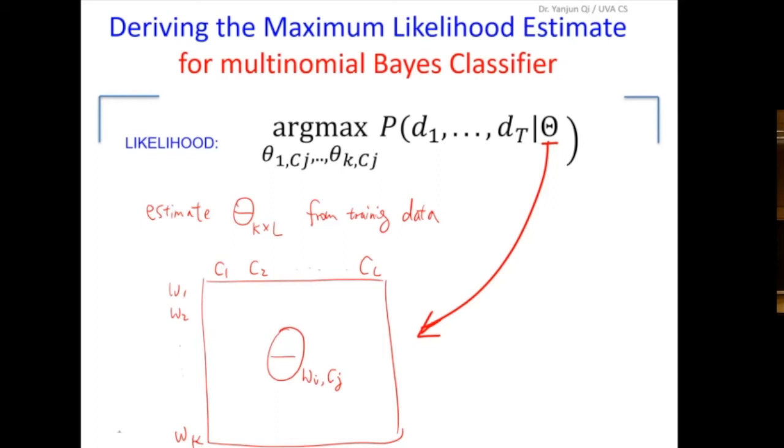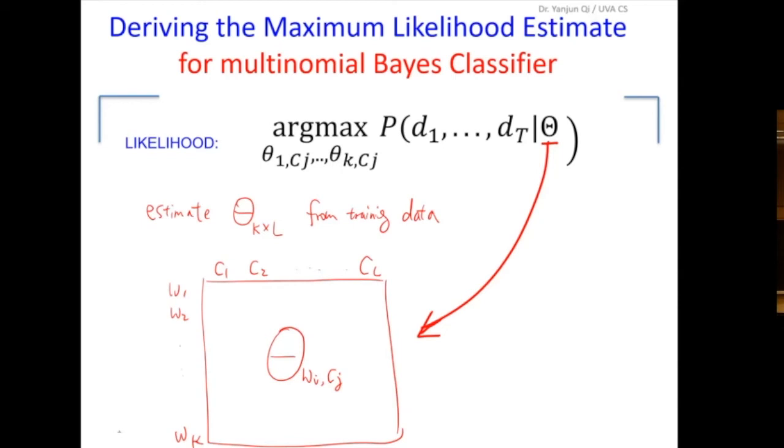Think about this. For C1, you've got a mega document. You create a hash and just keep the class 1 count when you meet W1 or WK, whatever. Just one pass of the C1 document, and you get that column vector.